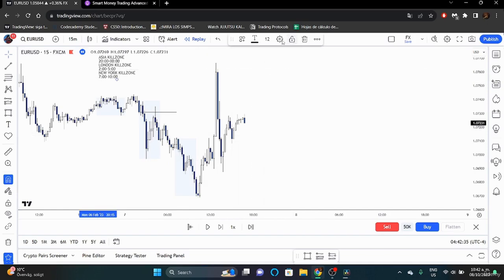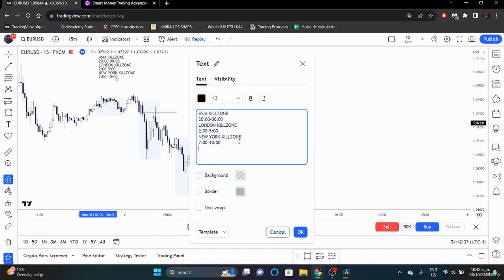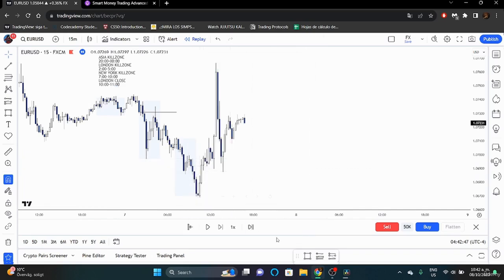Okay, and then we have our last kill zone, which is London close, from 10 to 11. Okay, this is London close. London close opens here and closes here. We expect here a reversal.